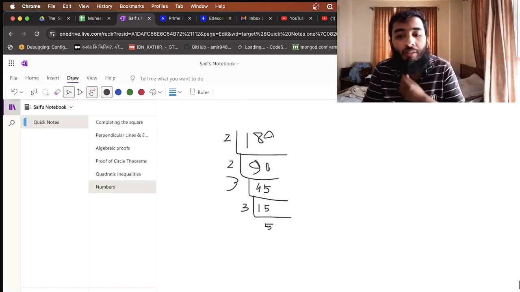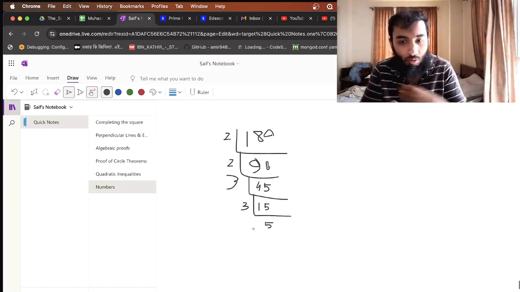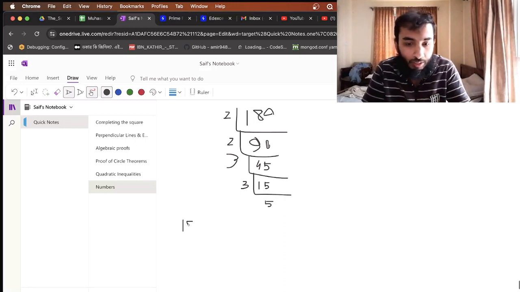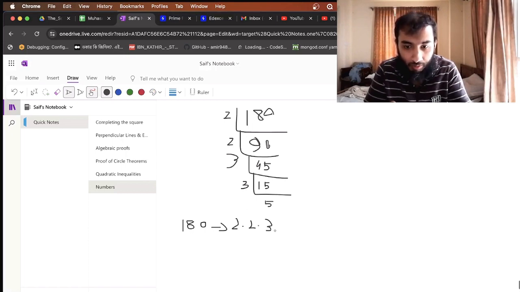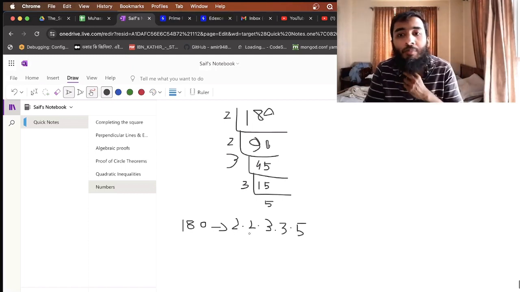So 5 cannot be divided by 2 or 3. So what can 180 be expressed as? 180 can be expressed as 2 multiplied by 2, multiplied by 3, multiplied by 3, and multiplied by 5. 2 2s are 4, 4 3s are 12, 12 3s are 36, 36 5s are 180.